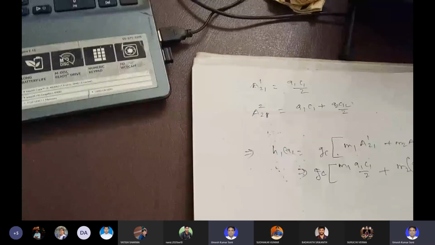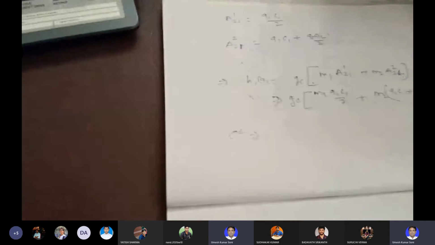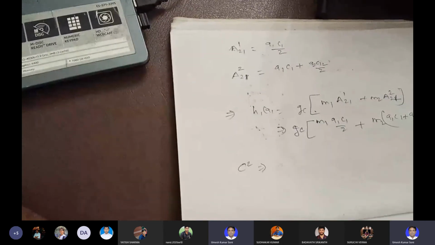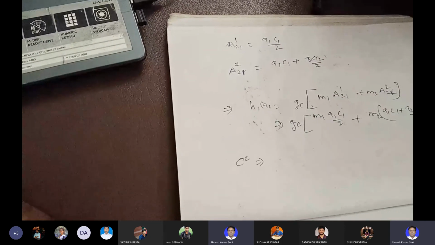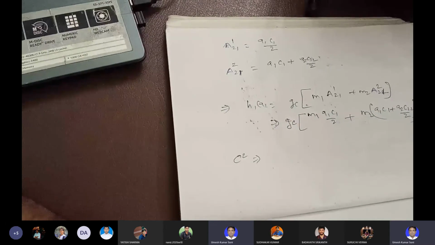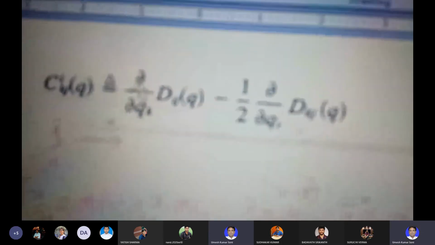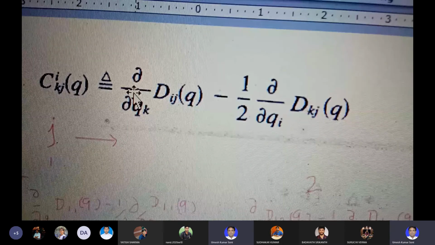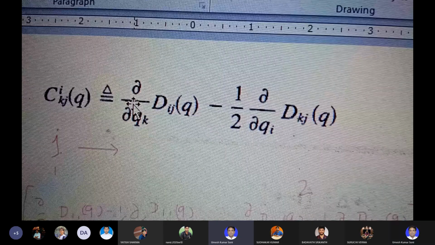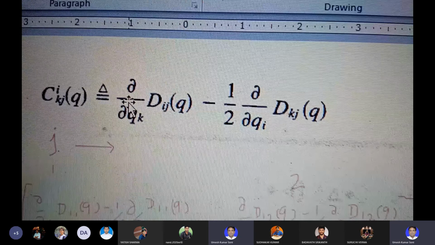You calculate only the generic equation for C here, as this is a generalized equation. From here you derive the equation for C2. Can you do this? Students, derive the same equation for C2 like this.